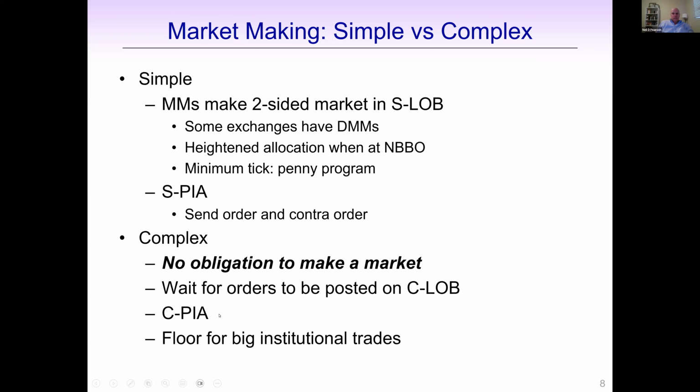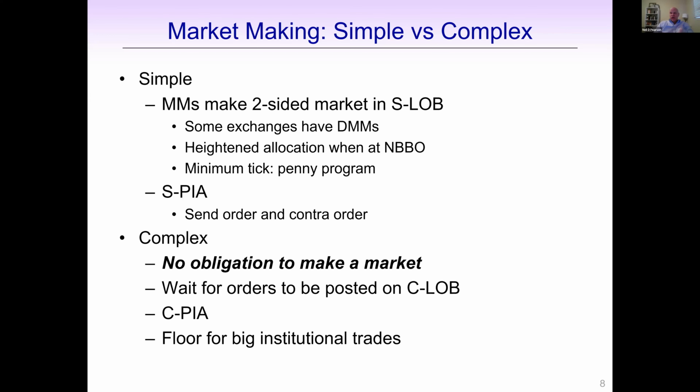Secondly, there are also complex price improvement auctions, which are similar to the simple price improvement auctions. In the complex price improvement auction, an exchange member brings a trade, say a customer order, and simultaneously brings a proposed contra order, and other exchange members have 100 milliseconds to potentially better the contra order.